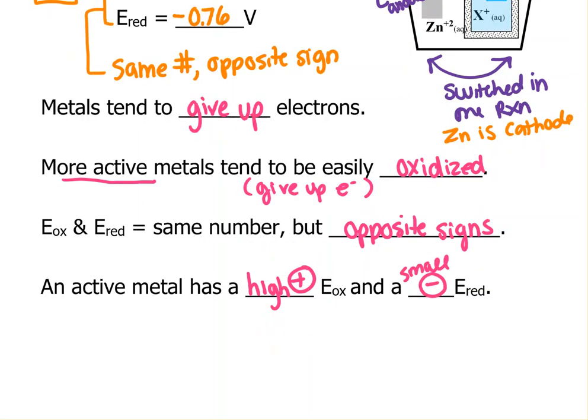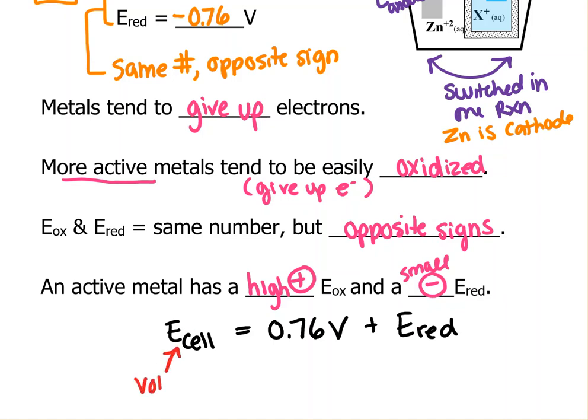Okay, and we've kind of already said this, but let's just write this down and make sure we got this. This is how you're going to do your calculation. Okay, this is from the voltmeter. This is given.